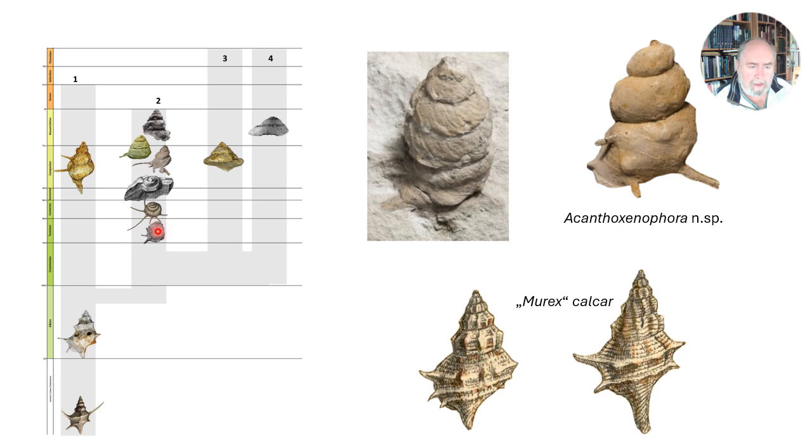The spines let us think that they are coming from a spiny group, the Spinilomatidae, and this Murex calza from the lower Cretaceous has 2 or 3 rows of spines, similar to these, because the spines are at different levels.